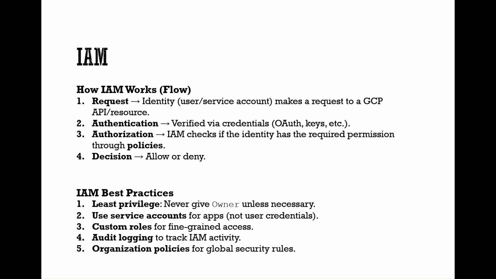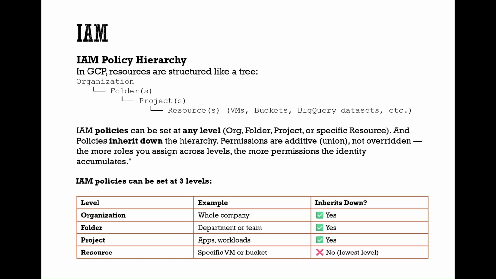Now we will navigate to our next topic, the IAM policy hierarchy. What is this hierarchy all about? In GCP there is a resource hierarchy. First comes the organization, then folders are created inside an organization, and then there are projects inside a folder.